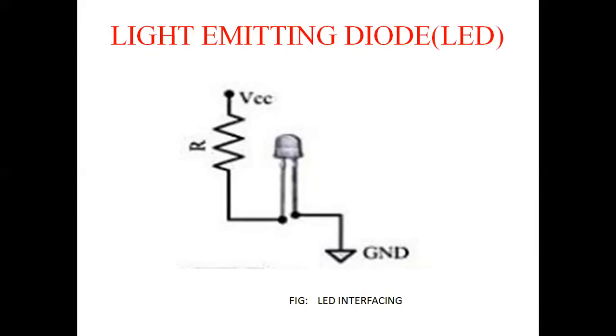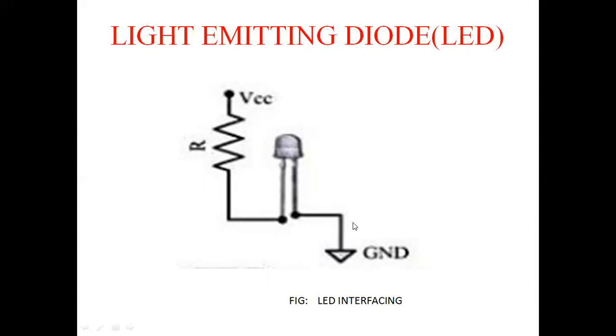For proper functioning of this LED, the anode should be connected to the positive terminal of the power supply, whereas the negative end should be connected to the negative terminal of the power supply, or to ground.